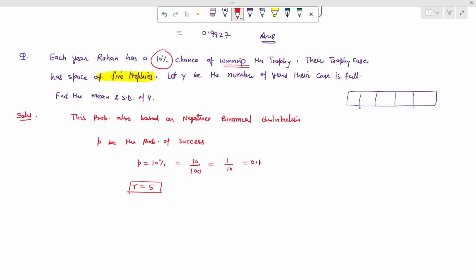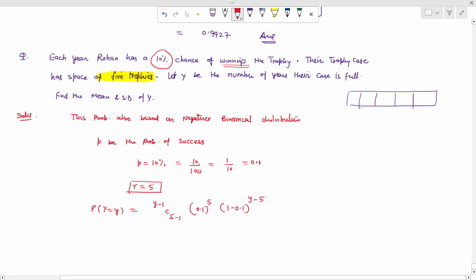So we can write down the negative binomial distribution as y minus 1 C r minus 1 into 0.1 raised to the power r into 1 minus 0.1 raised to the power y minus r.